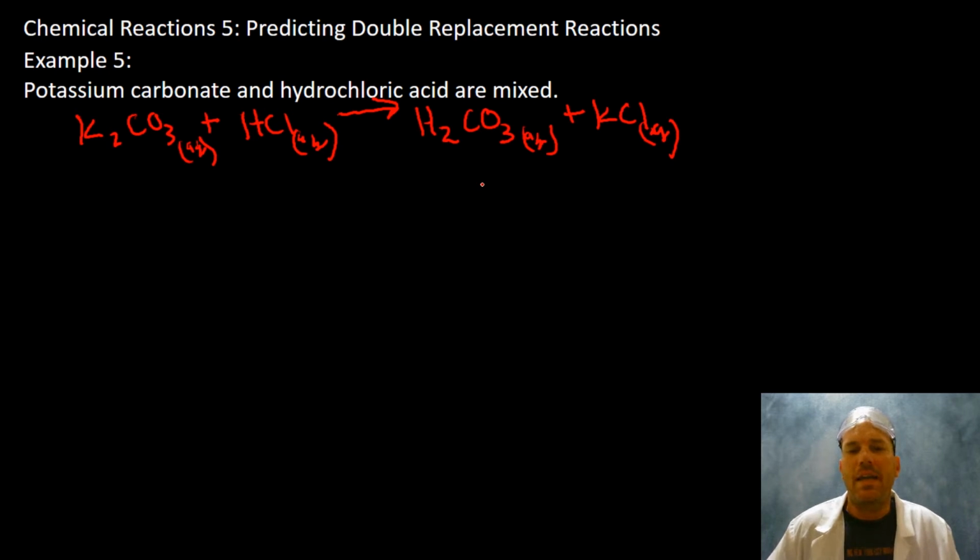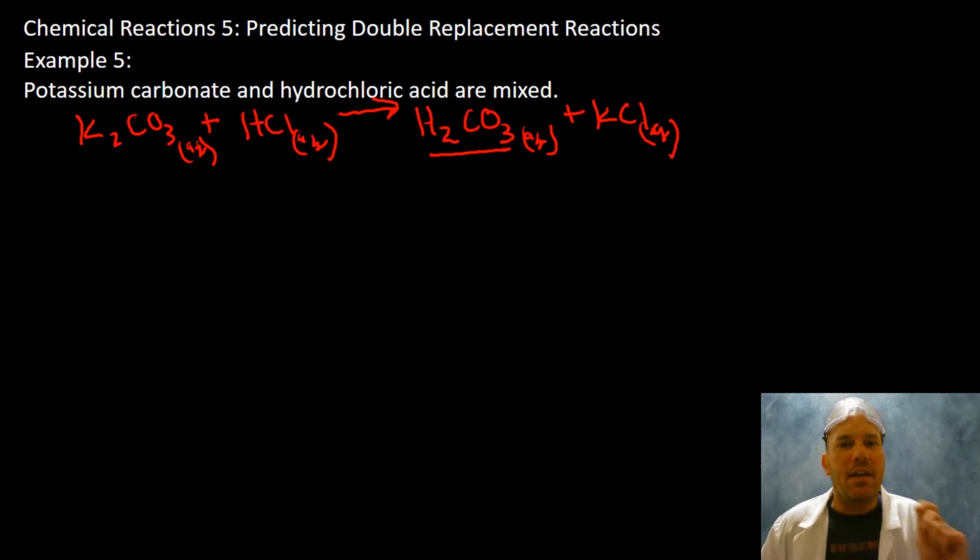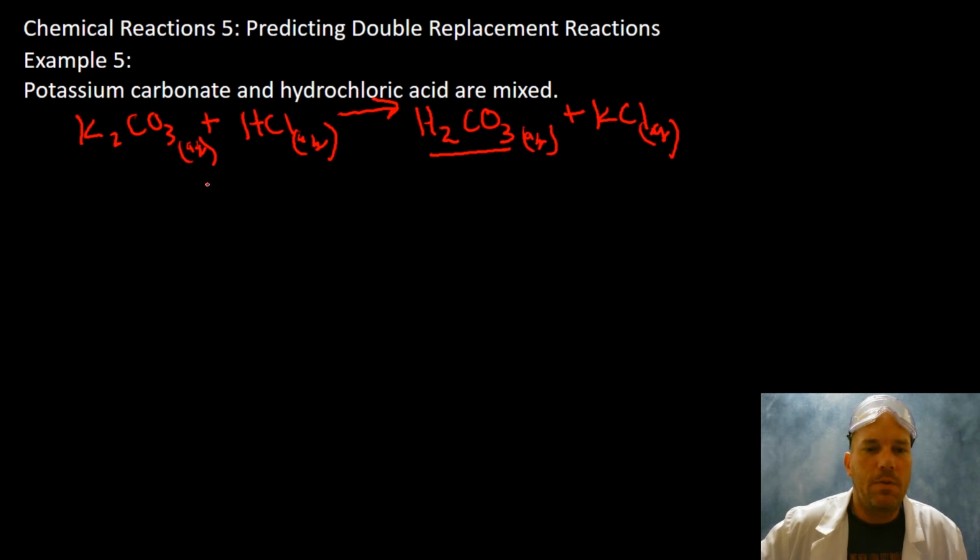Now, before I even balance this, this is one of those exceptions. This is carbonic acid. And carbonic acid will spontaneously decompose into liquid water and carbon dioxide gas. Let me show you what's going to happen here.